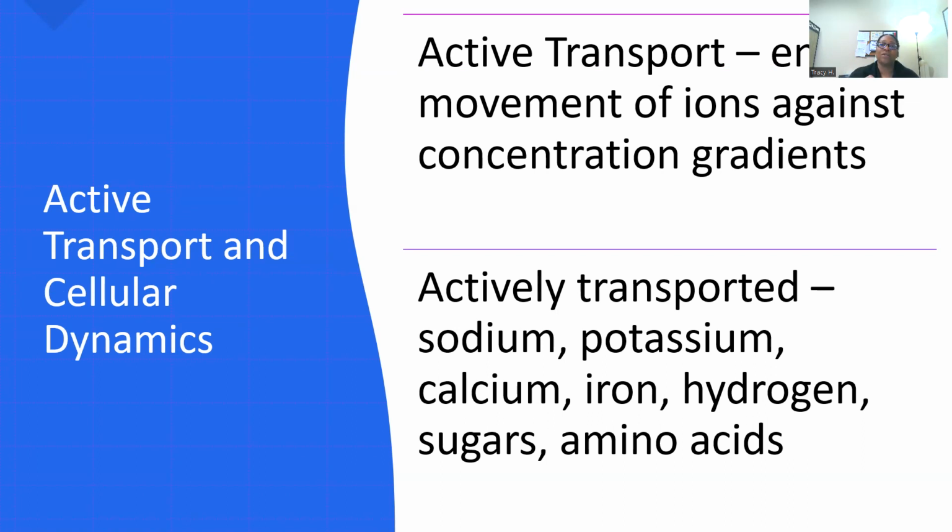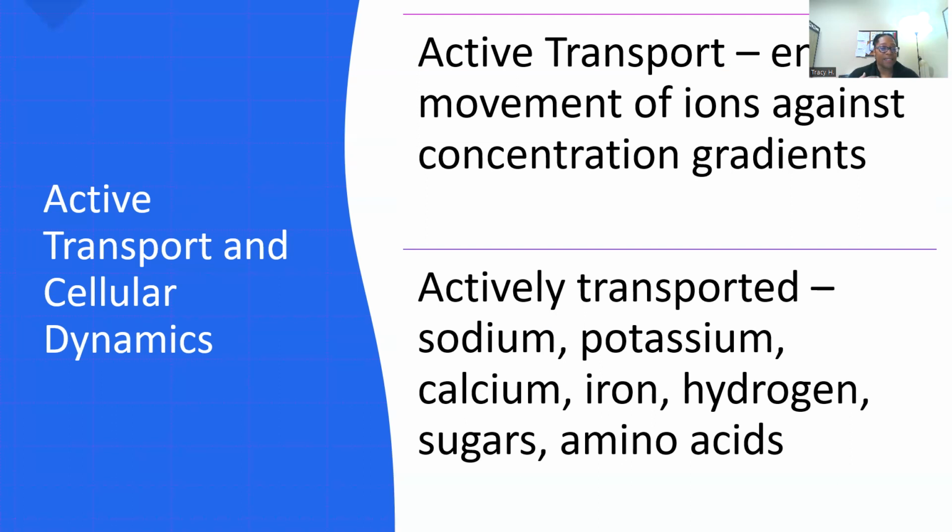So for some ions, you need a cellular force to push it against the concentration gradients. All righty. And this process, this active transport, demands energy from cellular metabolic activities.